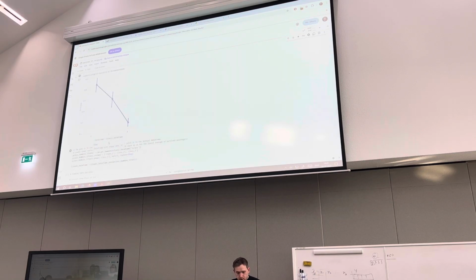What is it here? So this is a visualization of how the probability of surviving changes with the passenger class. So obviously the dependency is an anti-correlation.